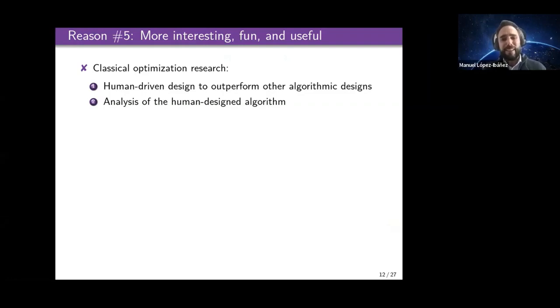If we compare with the classical way we do research in optimization, we have a human who designs an algorithm, normally with the goal to outperform other existing algorithms. And once they manage, they do some analysis of this newly designed algorithm in order to publish a paper and be done with it. And then this algorithm will have a name and will be known by this name.